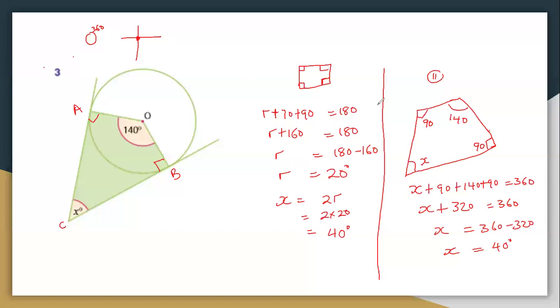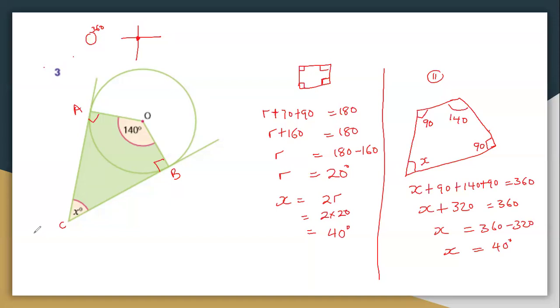Fiona? Mine is also a question. I want to inquire whether it can be done in this manner also. At the tangency where A and B meet, they are 90 each, and if you add them together they make 180.